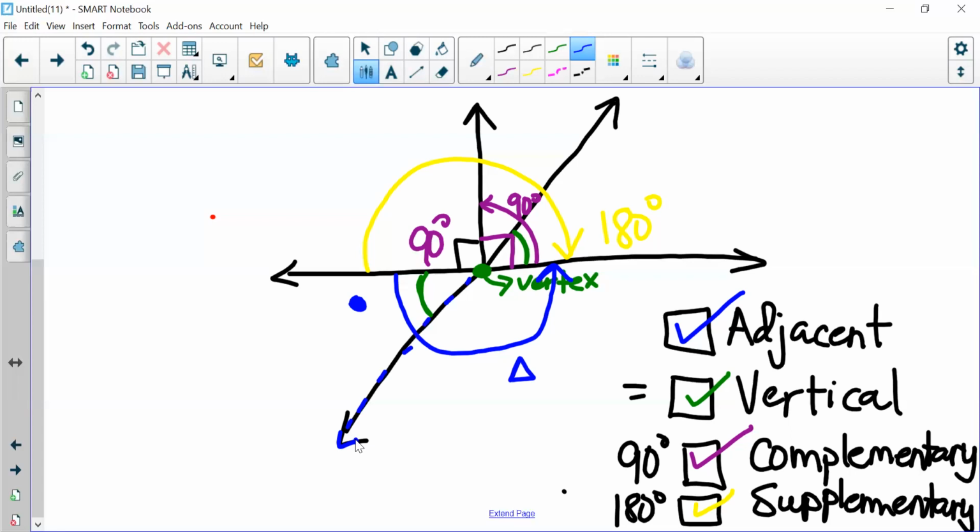See, look where this dashed line is. Look, this angle in blue, the blue dot, and the triangle, both of the angles are created because they share this line.